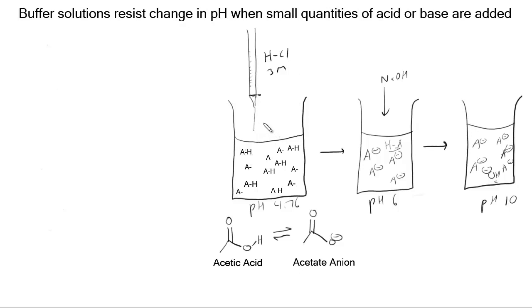When we add hydrochloric acid to the solution, the conjugate base of our buffer solution, the acetate anion, will deprotonate the hydrochloric acid. So once we add hydrochloric acid in solution, the acetate anion will deprotonate our hydrochloric acid, making more acetic acid.